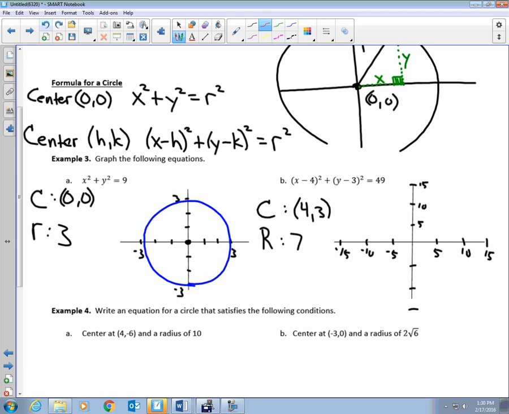Over 4, up 3. And then we go 7 units in each direction. So I guess if I go 7 over, that would bring me to 11. 7 up, that would bring me to 10.